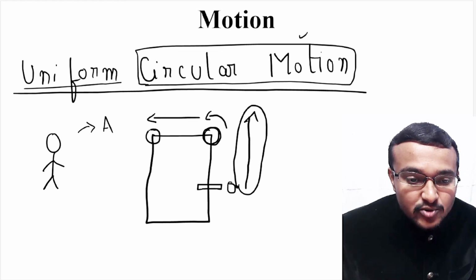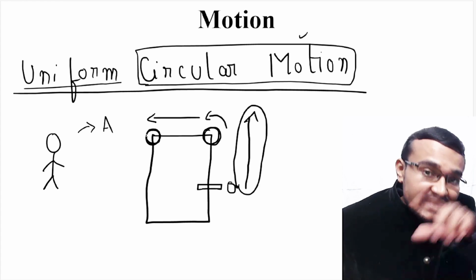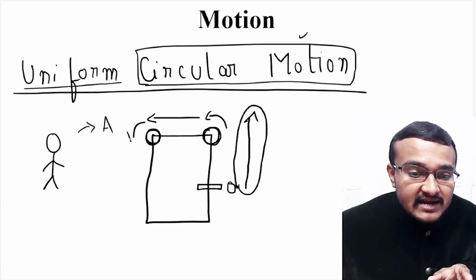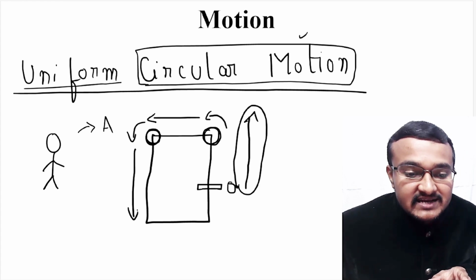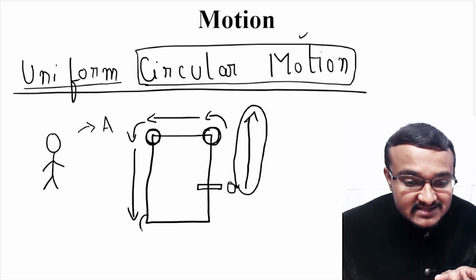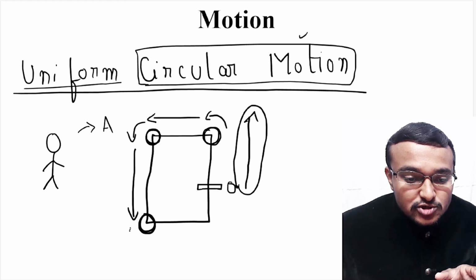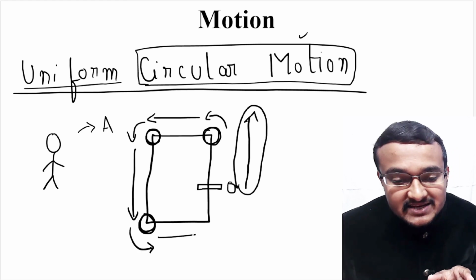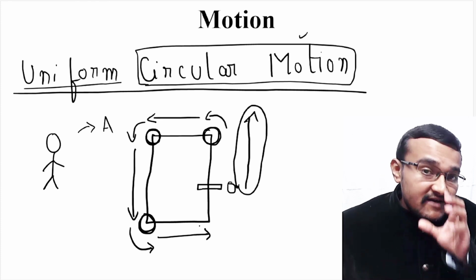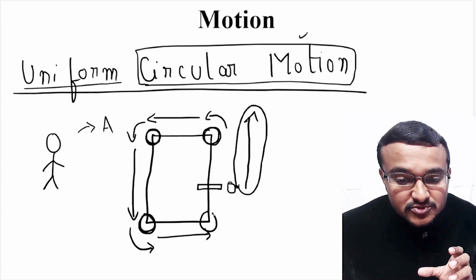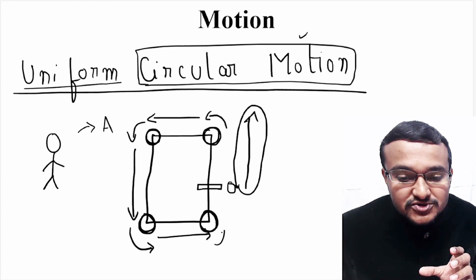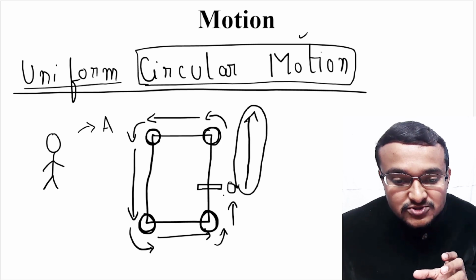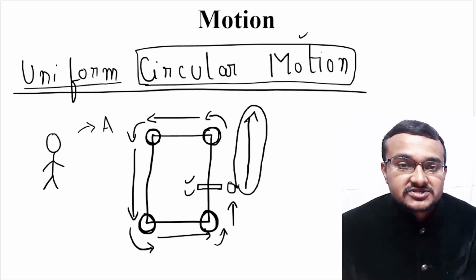At this point also, he has to change his direction and run straight. When he reaches this position, here also he has to change his direction and run straight and reach this position.